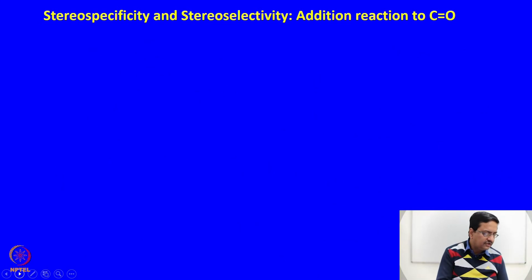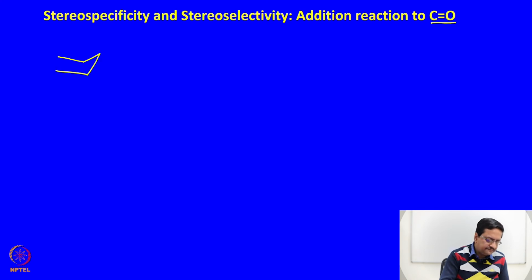Let us see one more example of the stereospecificity and selectivity in case of addition reaction to a C=O double bond. Let us take the example of a cyclohexanone derivative which contains a tertiary butyl group in the 4th position with respect to the C=O, and as you know, the tertiary butyl group is more stable at the equatorial position compared to the axial position.